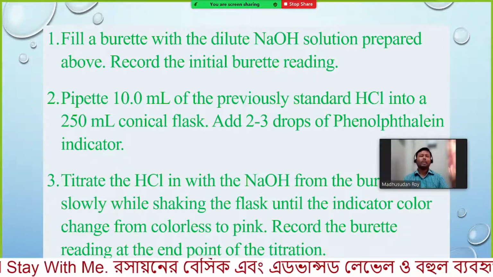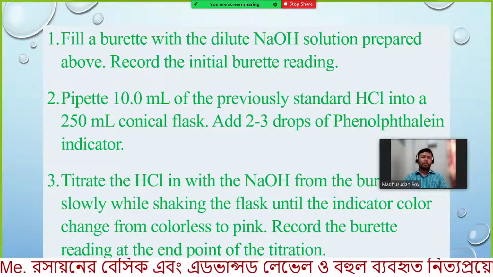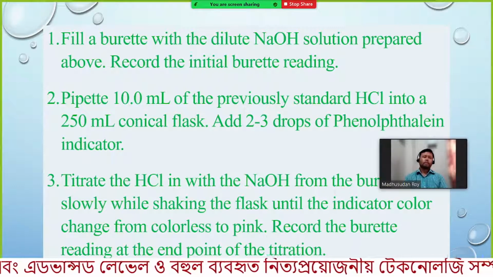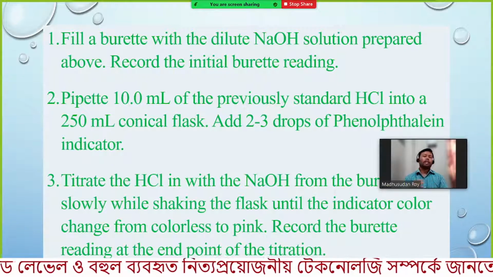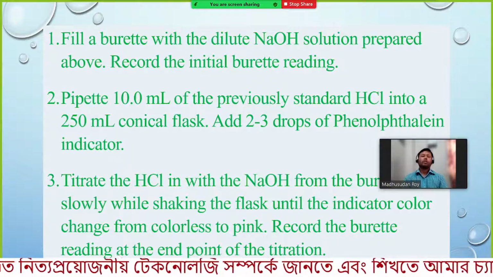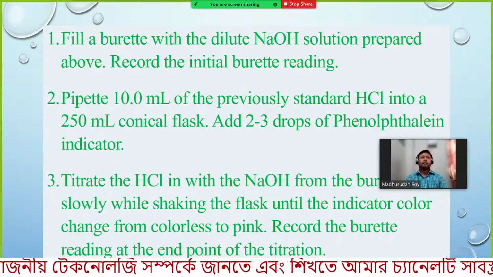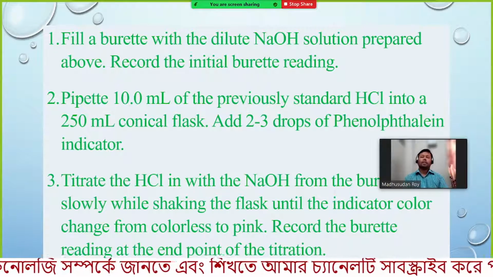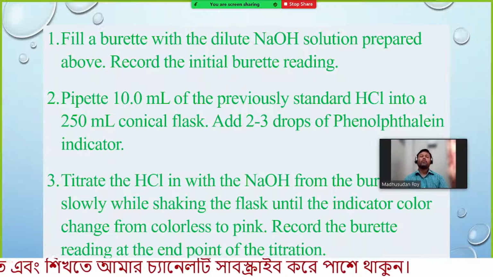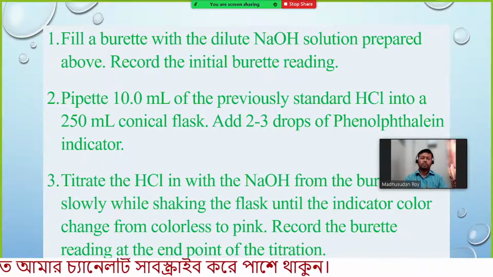Add 2-3 drops of phenolphthalein indicator. When you add a few drops of phenolphthalein, there will be no change in the color, because in acidic solution the phenolphthalein will have no color.